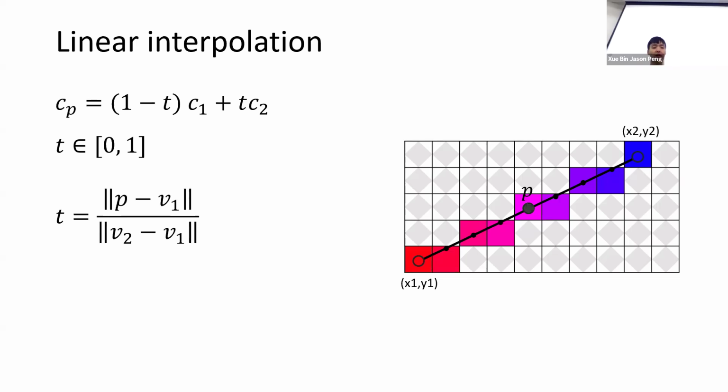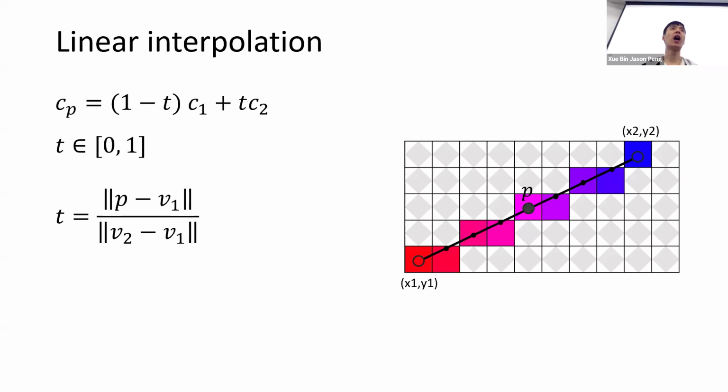Now, to calculate the interpolation value T, you can follow the simple formula here. So T is given by the ratio of two differences. In the numerator, we have the difference between our point P and the starting point V1. So we are going to calculate the difference between P and V1, and then we are going to compute the distance, the norm of that vector.